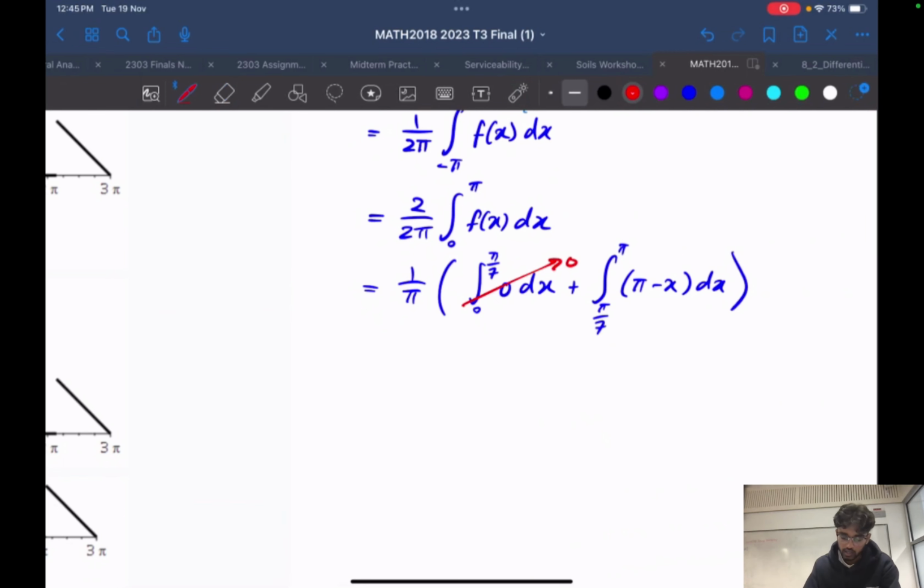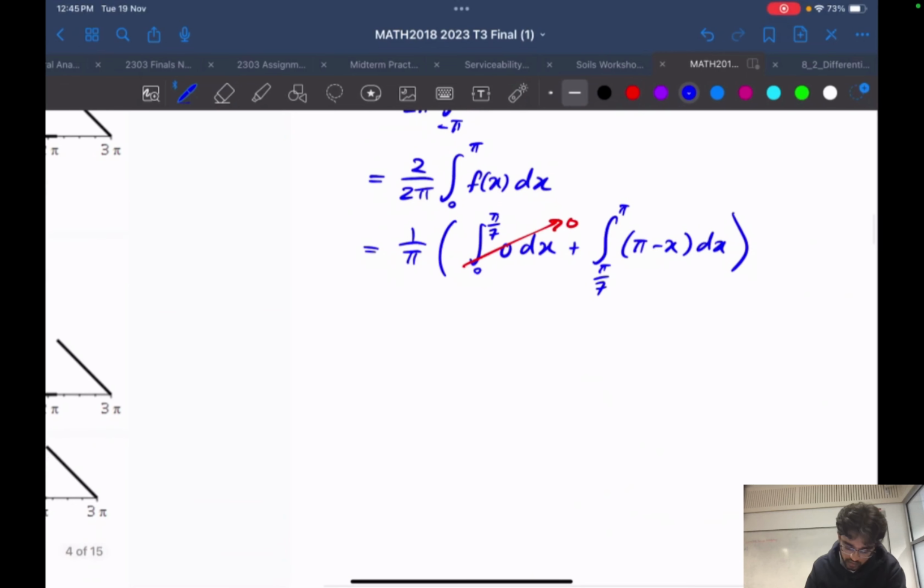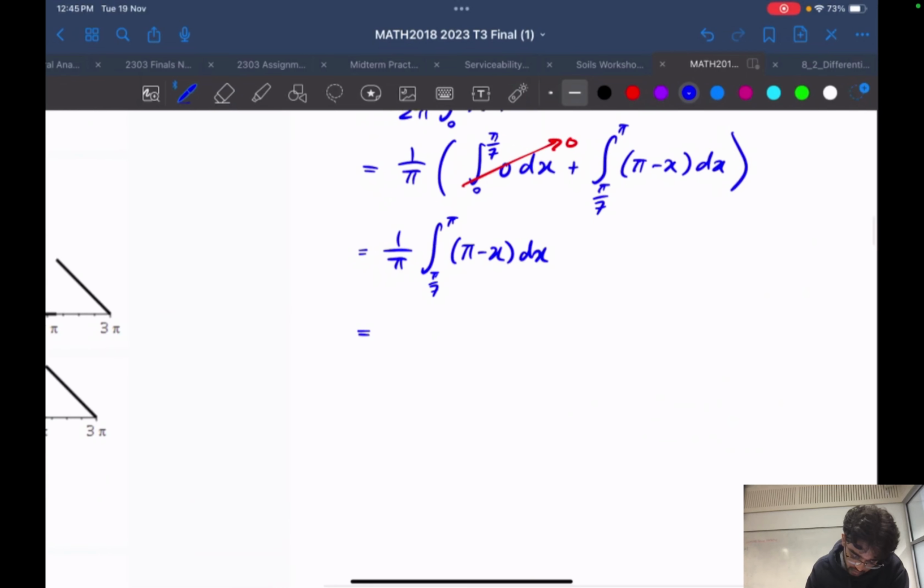Alright, so now if we're trying to evaluate this integral, you get 1 over pi of the integral from pi on 7 to pi of pi minus x dx. This is just equal to 1 over pi times pi x minus x squared on 2 between pi and pi on 7.